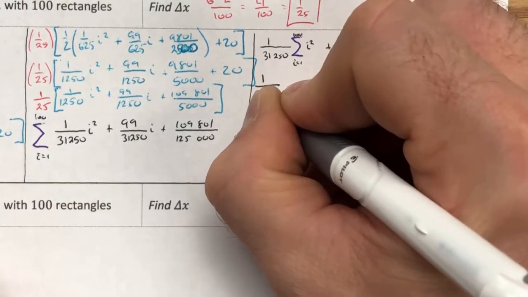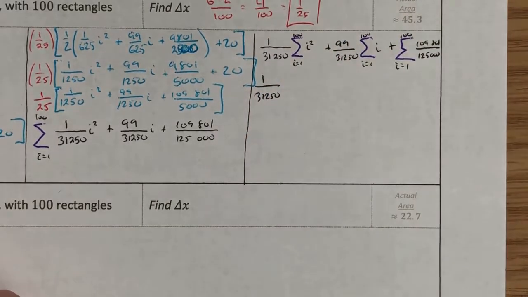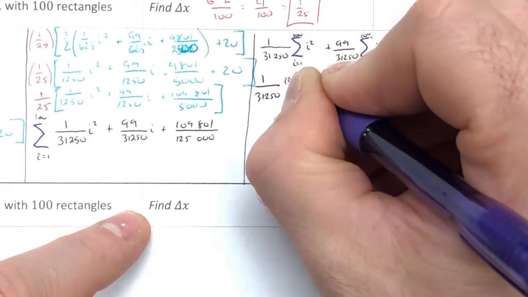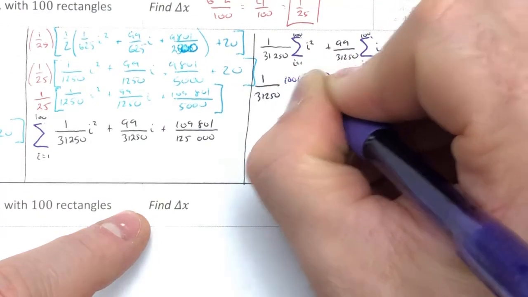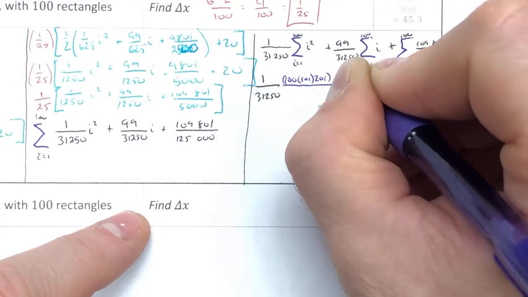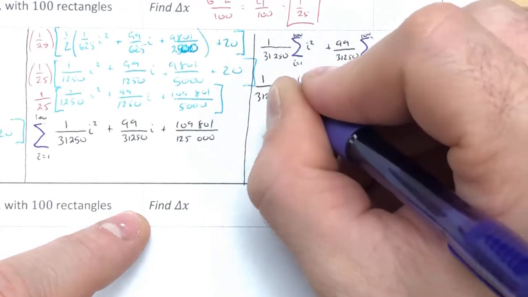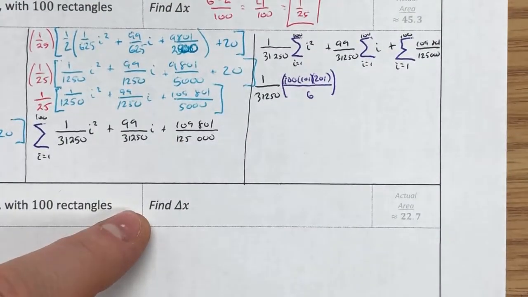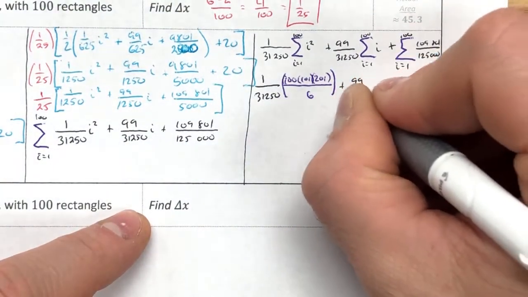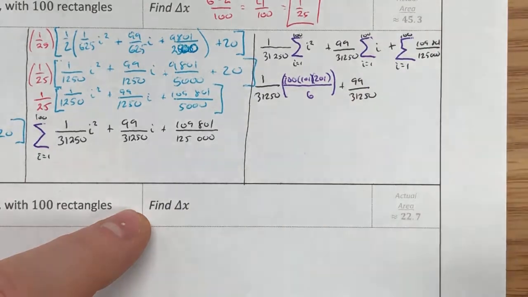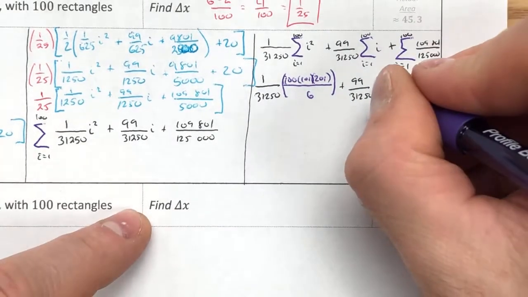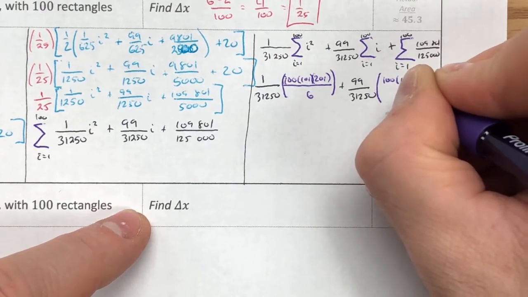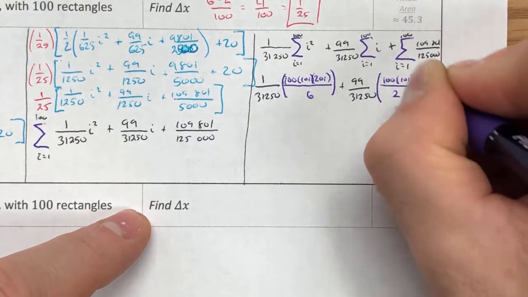So 1 over 31,250. I squared is going to be 100 times 101 times 201, all divided by 6. For a regular I, it's going to be n times n plus 1, all divided by 2.